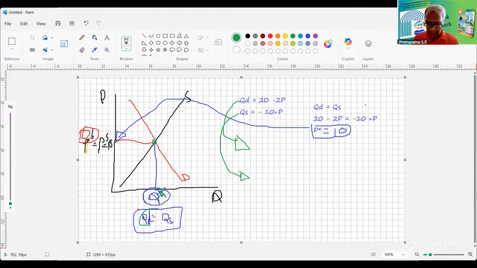So if you take the quantity from the demand function, 20 - 2P, now we know P is 10.